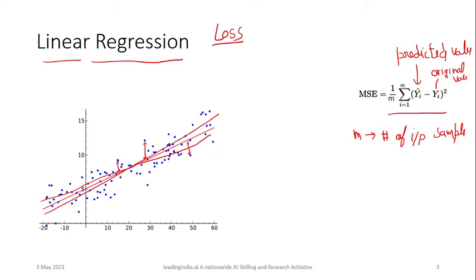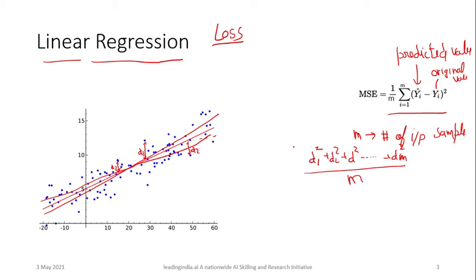Now how will you compute it? You compute this difference and square it. So if your differences are d1, d2, d3, and so on, you will say d1 square plus d2 square plus d3 square plus dash dash dash plus dn square, and divide by n if you have n input points, or you can say dm square and divide by m.